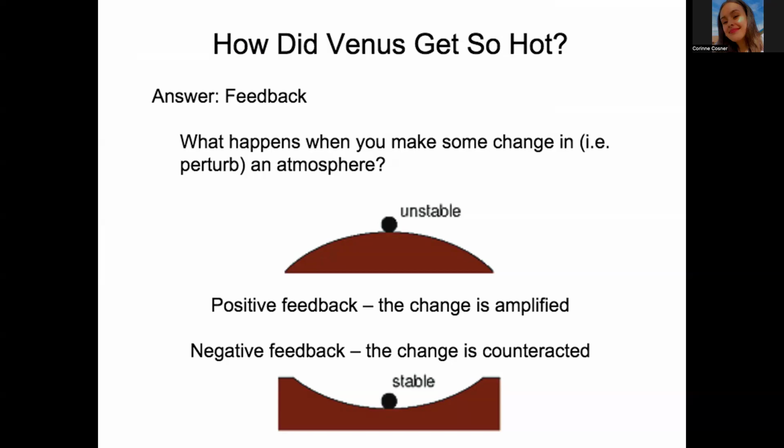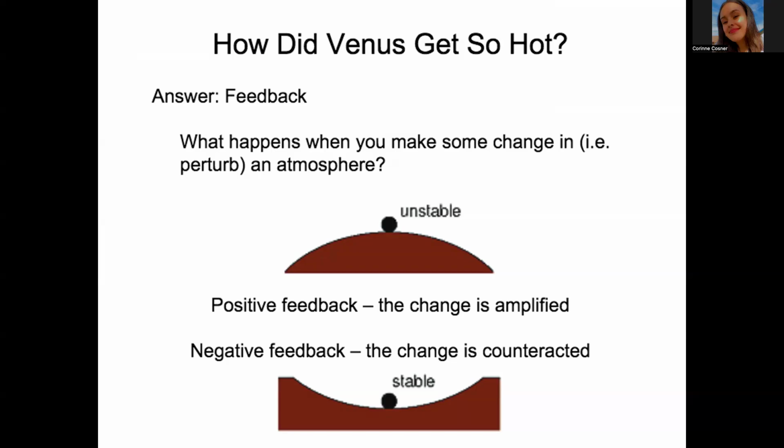Okay, so the example I like to use here: put a ball on a hill and then kick it. Rolls downhill, right? Okay, this is an example of unstable or positive feedback. The change, the small kick, gets amplified by the fact that the hill is curved.